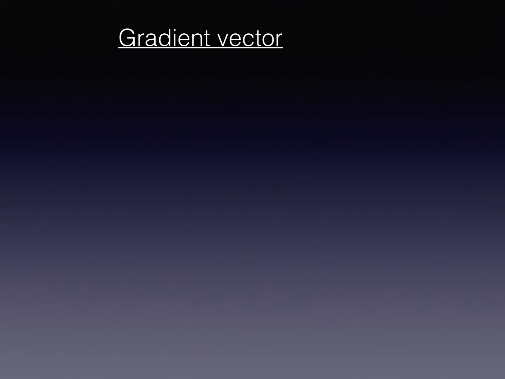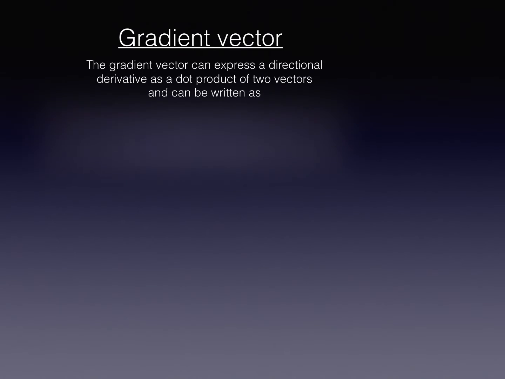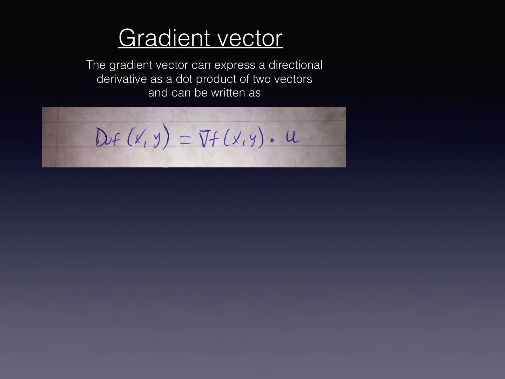The next thing I would like to discuss is the gradient vector. The gradient vector can express a directional derivative as a dot product of two vectors, and can be written as D_u f(x, y) equals gradient of f(x, y) dot u.